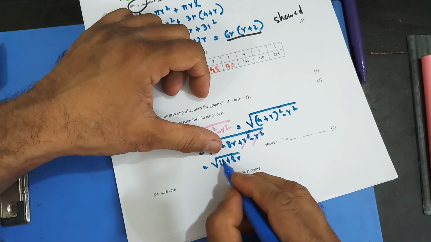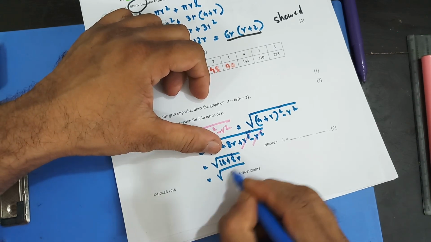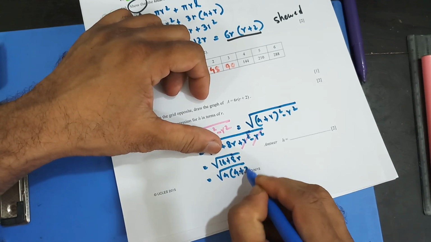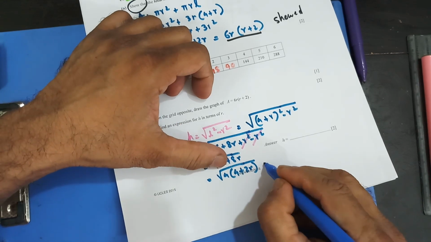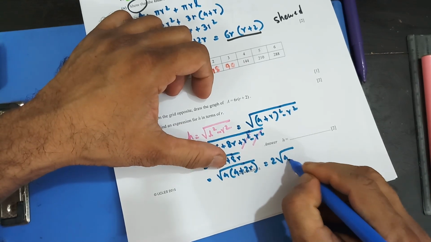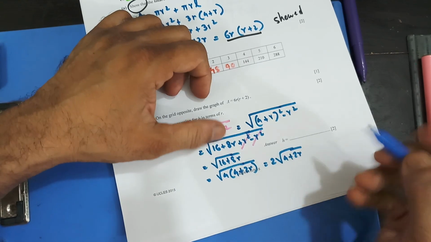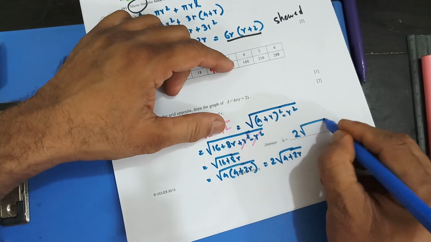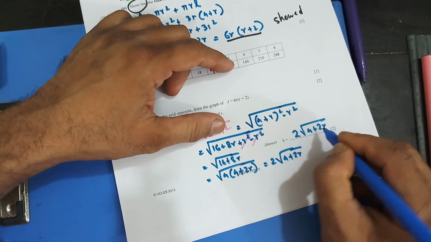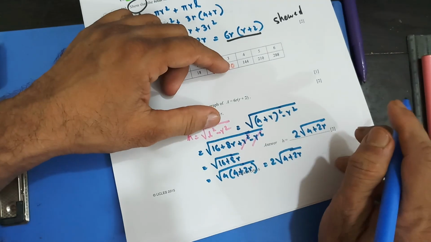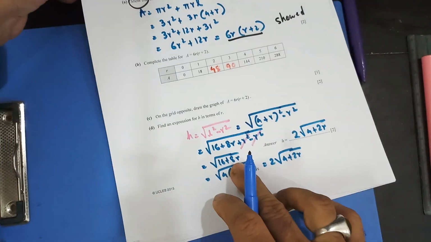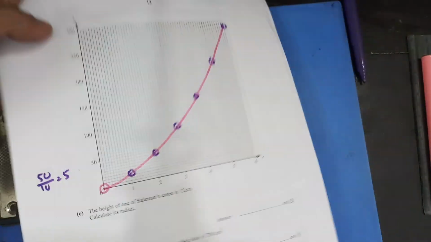I can take 4 common, giving 4 times (4 plus 2r), and since 4 is a square number, it can be 2 times the square root of 4 plus 2r. I can keep it that way, or write the square root of 16 plus 8r.